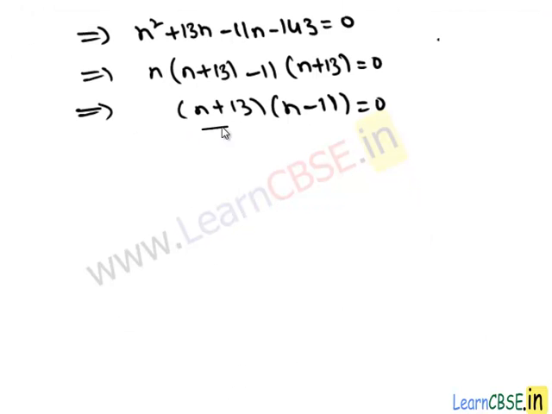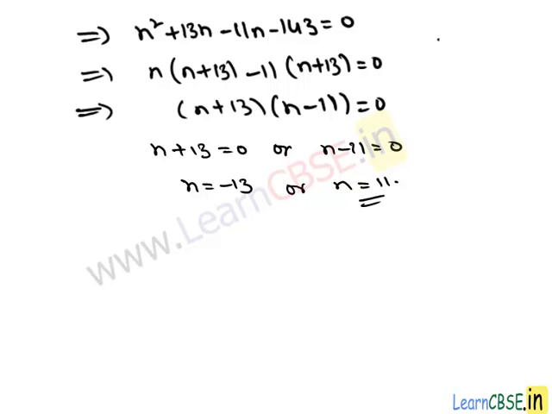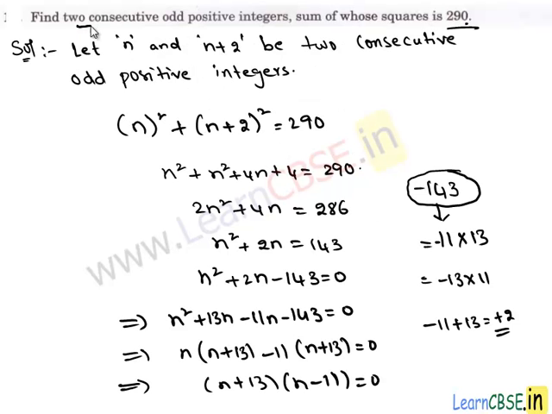Now the product of these two factors is zero when each factor is equal to 0. Then n + 13 is equal to 0, or n - 11 is equal to 0. Then the value of n is negative 13, or the value of n is 11. Since we are given in the question that the odd numbers are positive integers, we eliminate the negative value, that is negative 13. Then we have the value of n, and it is 11.